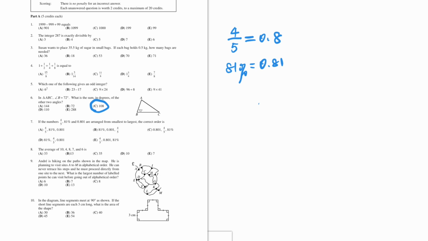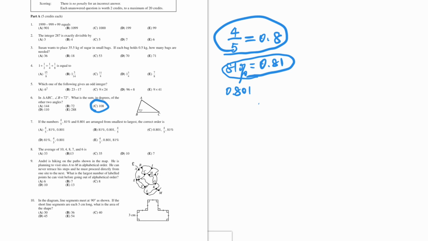The last is already decimal, 0.801. The smallest is 0.8. The largest is 81%, that's 0.81.